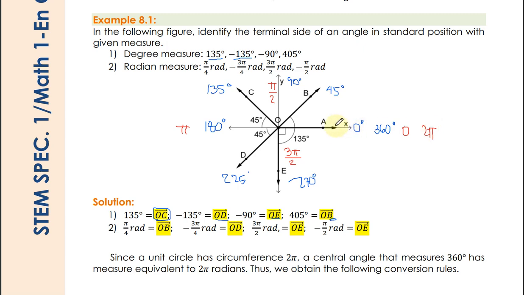Okay, so again, this is 0, this is pi over 2, pi, 3 pi over 2, and 2 pi. So if you want to know what is the radian measure in between 0 and pi over 2, just divide pi over 2 by 2, or that is equal to pi over 4.